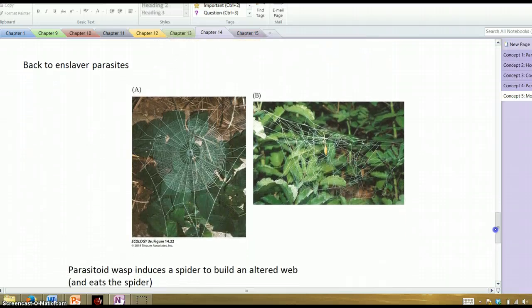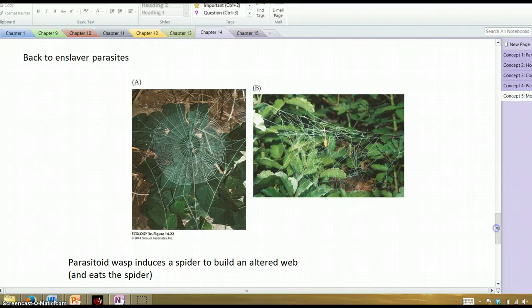The beginning of the chapter talked about the enslaver parasites, parasites like Sacculina that change behavior. Here's a couple more examples. This is a parasitoid wasp that parasitizes spiders, and so it lays its eggs on the spider. In this case, not only does the larval form of the wasp feed on the spider, but it changes the spider's behavior. On the left, we have a normal spider web, but on the right, we have one from an infected spider.